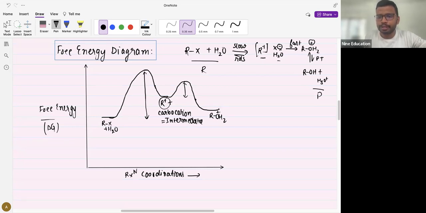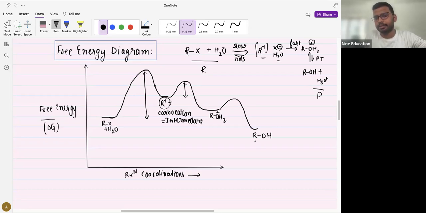ROH2 positive. And once this is made, we can do the proton transfer reaction. यहाँ पर this reaction is our proton transfer. This will show us the proton transfer और यहाँ पर हमारे पास ROH बन जाएगा.